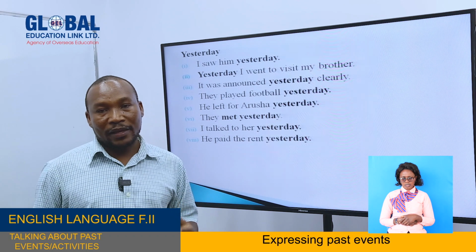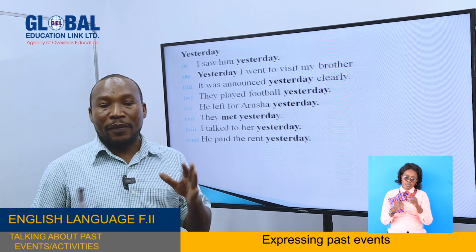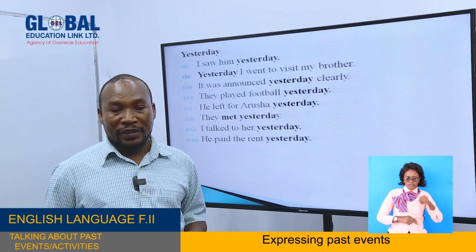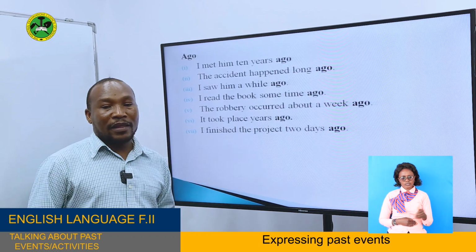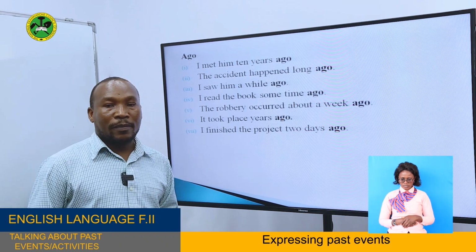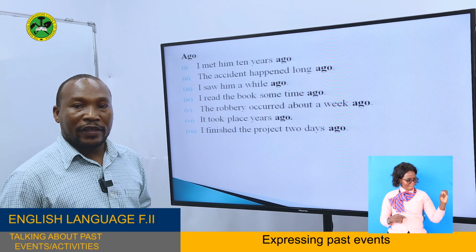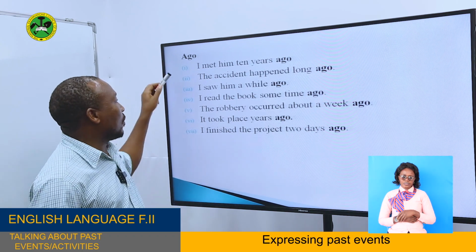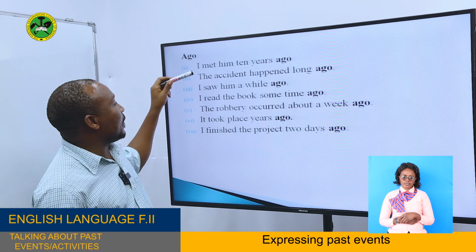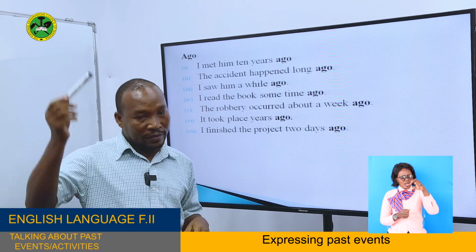Also, the adverb yesterday tells us about a past activity. Now, let's discuss another adverb of time which shows past activities or past events. This is ago. I met him 10 years ago. Ago means past.